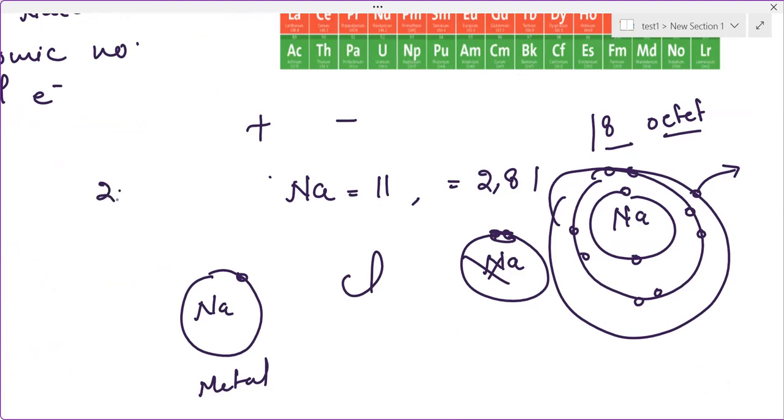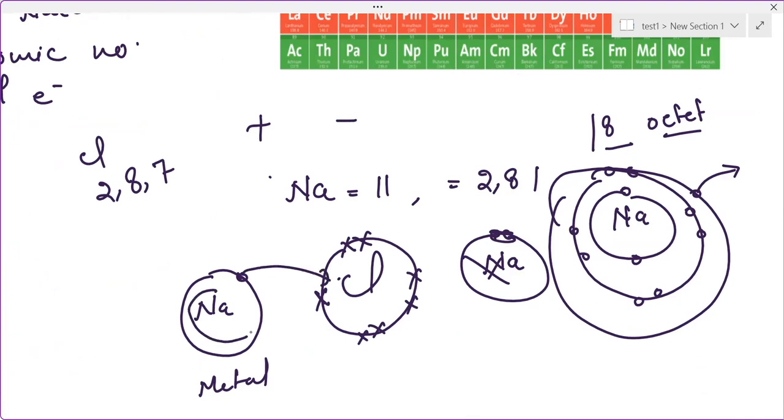So the electronic configuration of chlorine will be 2, 8, 7. I'm just going to draw the outermost electrons in chlorine: 1, 2, 3, 4, 5, 6, 7. It has 7 electrons in its outermost shell. So chlorine needs one more electron to fulfill its outermost shell, and sodium needs to give one electron.